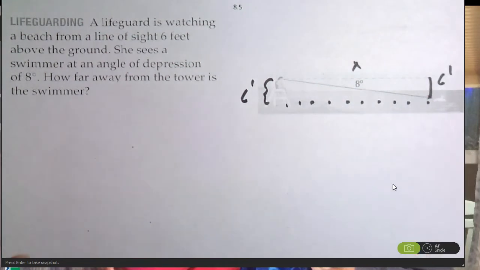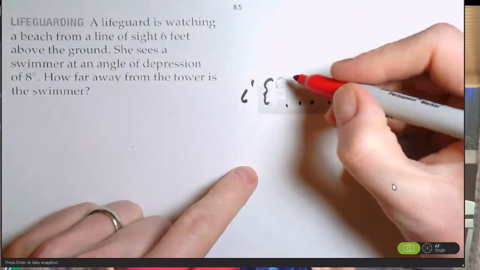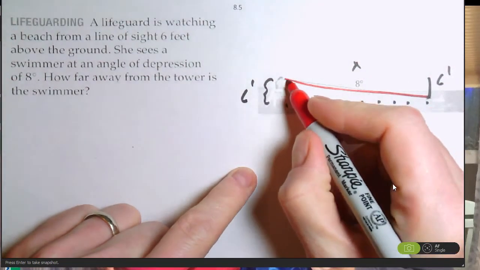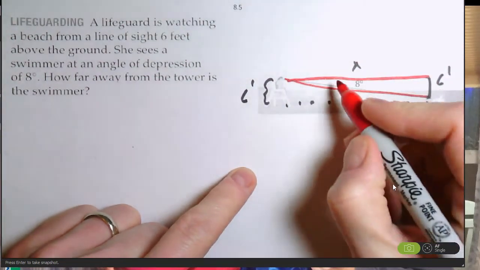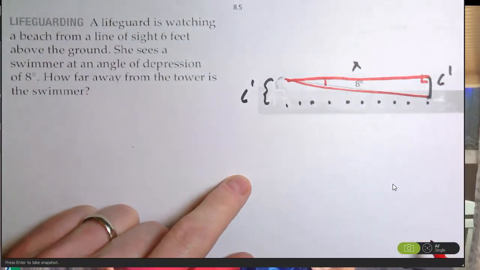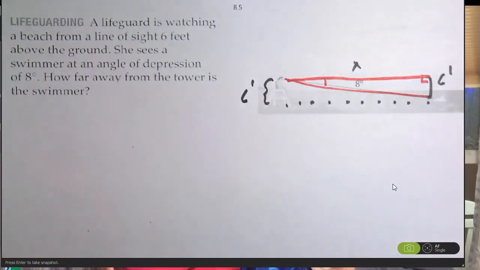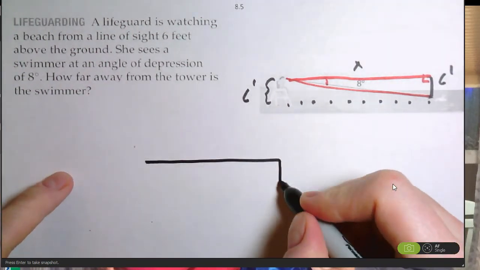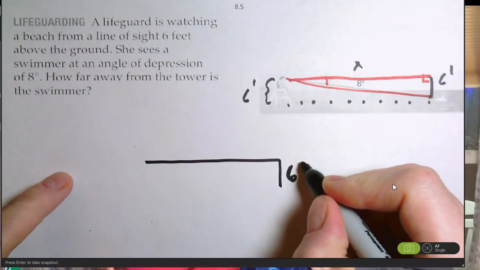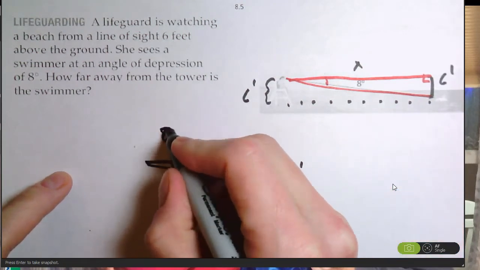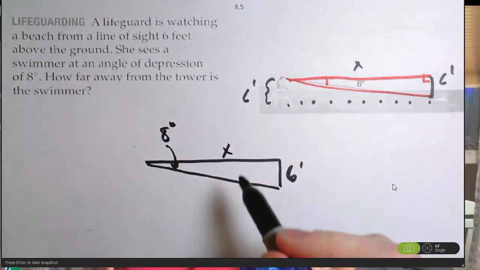So when we look at this as far as our triangle goes, I'll trace the triangle in red to make it stand out a little bit better in the video. She's got her line of sight that she's staring at the swimmer. She's got the horizontal. This is actually an angle of depression of 8 degrees, but here's our right triangle. And so when I take that out of the context of the drawing, this is what we want to know.